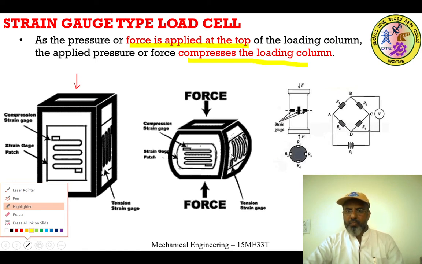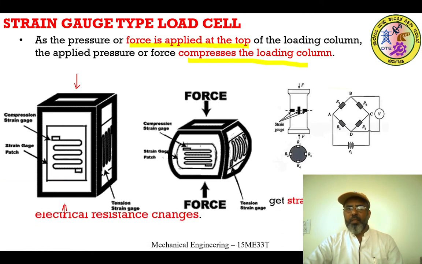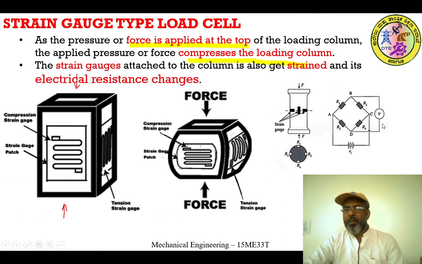Because of the increase in length of R2 and R3, there will be an increase in resistance. Because of this varying resistance, the output voltage changes, and this Wheatstone bridge becomes imbalanced.